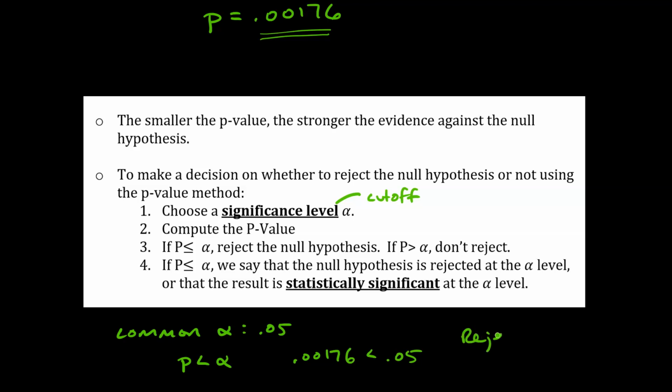So we would reject the null, and if we are rejecting the null, then we can accept that Bond can tell the difference between a martini that is shaken or stirred. And maybe he's not perfect, but he's definitely able to tell the difference more than what an average person would.